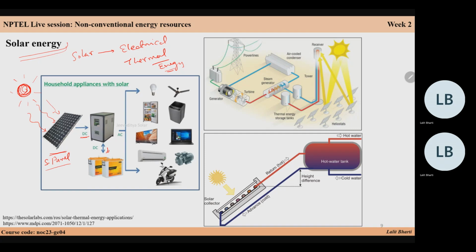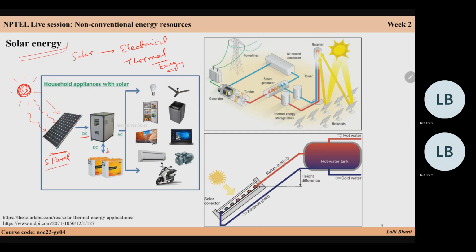This is home level. Similarly, we can have smaller solar devices, which can be used as mobile devices to charge your mobile phones and other smaller applications. So this is basically a household solar panel.